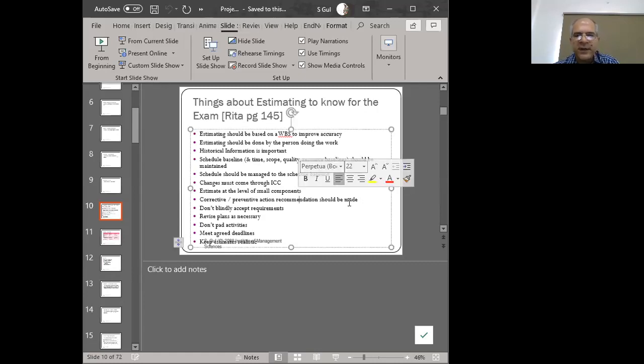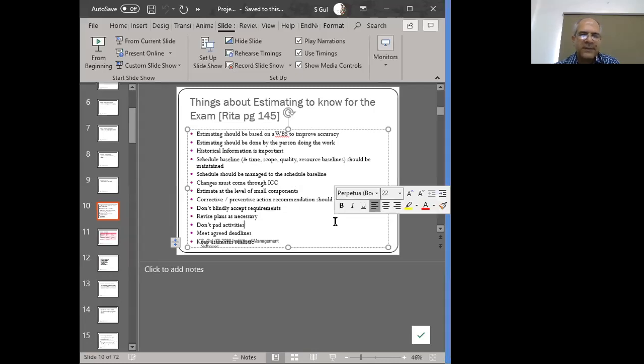Corrective actions or preventive actions, wherever possible, have to be taken. So if you find that there's a flaw somewhere, there's a mishap about to take place, or something has gone wrong, in that case you have to take remedial actions to correct it. So wherever you find an opportunity to make corrections or take preventive measures, then you should do that.